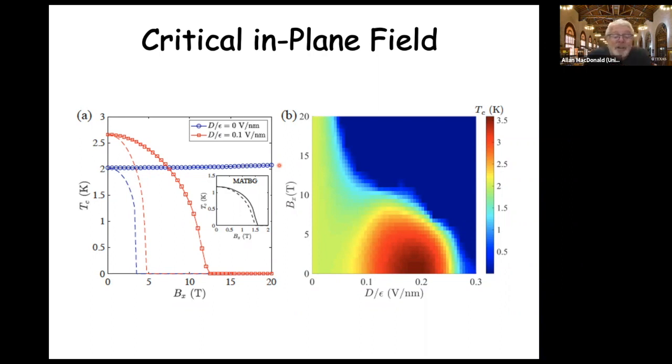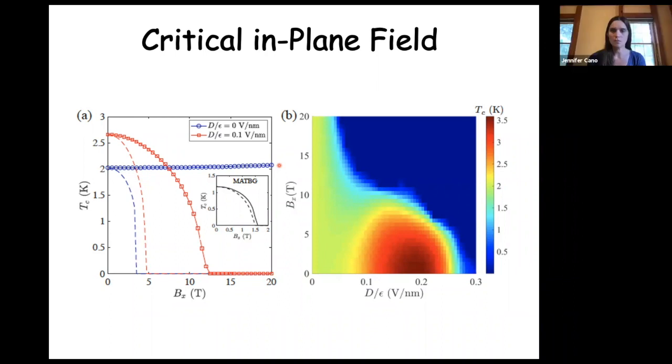And our interpretation of that finding is that there are random electric potentials in the system that effectively make a random variation of displacement field across the system. So we think it's that random displacement field that's actually destroying the symmetry locally and making the superconductivity go away.